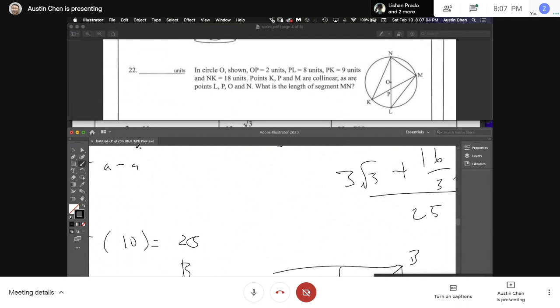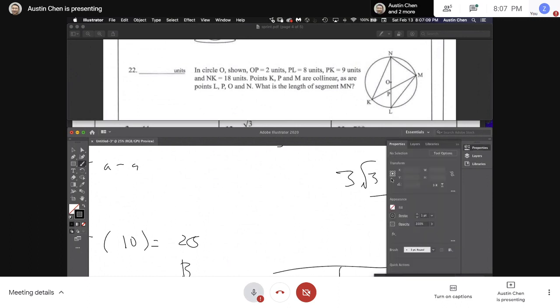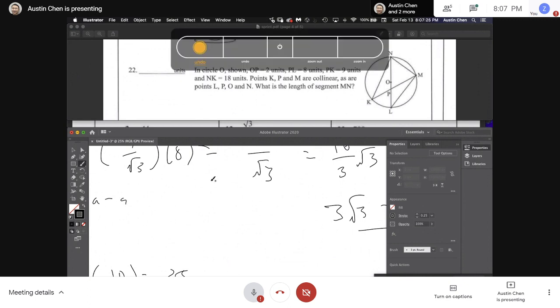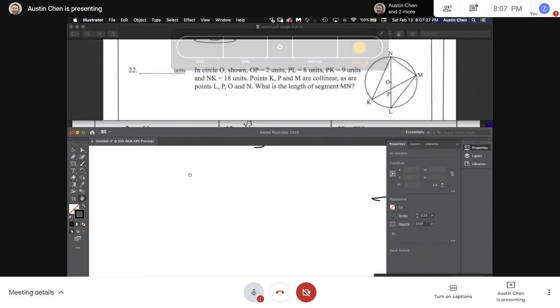No, it's good. I'm just gonna set the stroke down to 0.25. Look how small it's gonna be. It's gonna be really small, and then we just zoom in. So now we got a bunch of space, and the brush size is fine. So that's called making more space in no space.